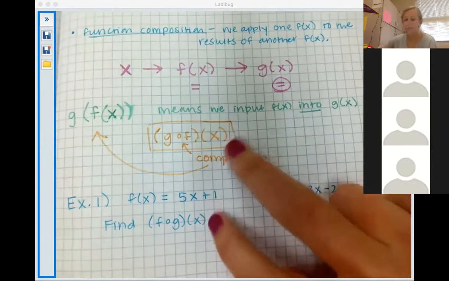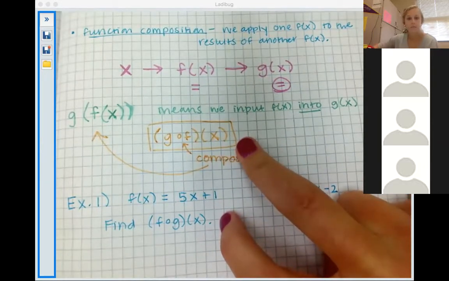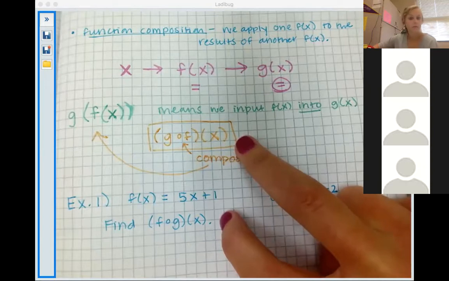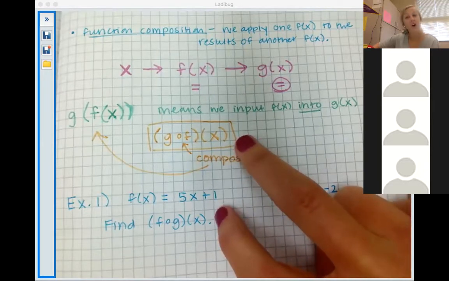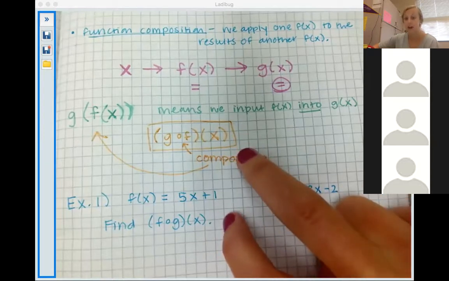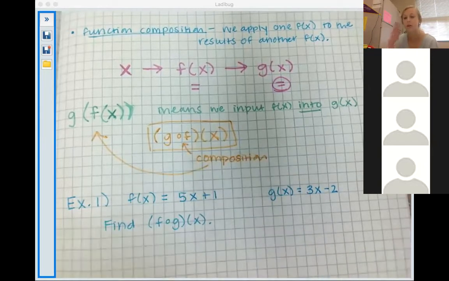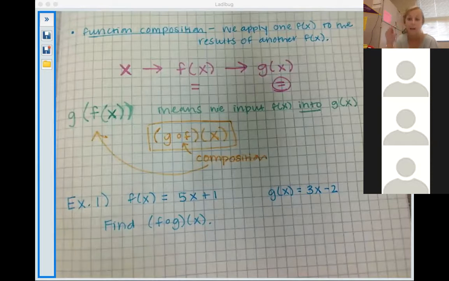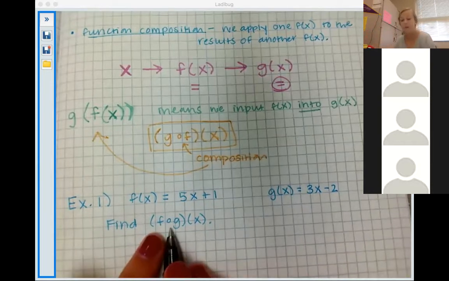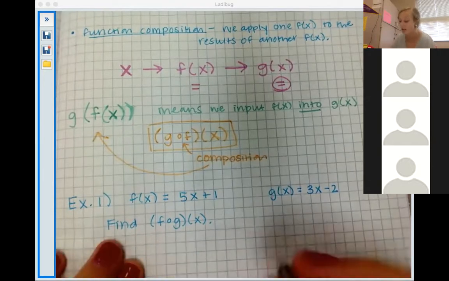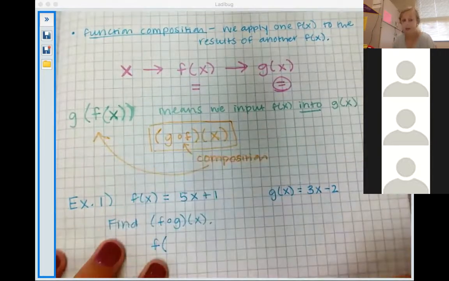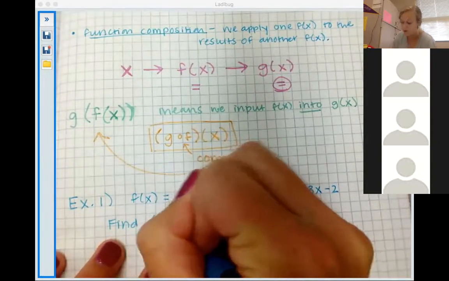What do we already notice between these two things? They're the same. Be careful. They're flipped. Yeah, they are flipped. So I flipped it very first just to show you guys what these mean, because it's not always going to look just like this. I could throw in completely different letters. I could throw in A of B of X, okay? So f of g of x, that's how you say it. That literally means f of, and we're putting g of x into it.